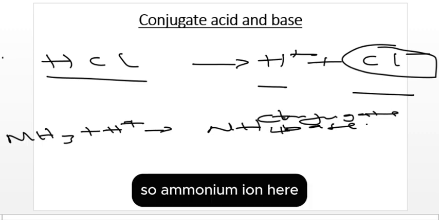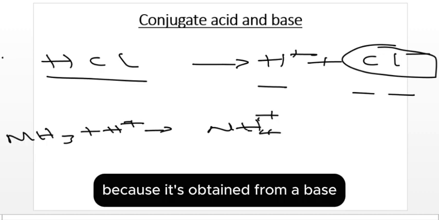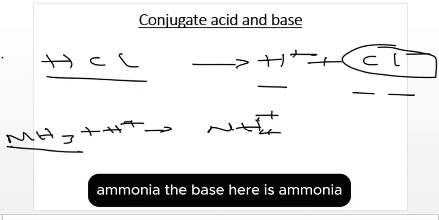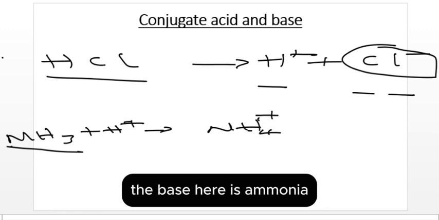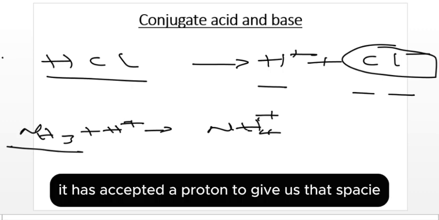So ammonium ion here is our conjugate acid, because it's obtained from a base. What is the base? The base here is ammonia. So this ammonia has accepted a proton to give us that species.